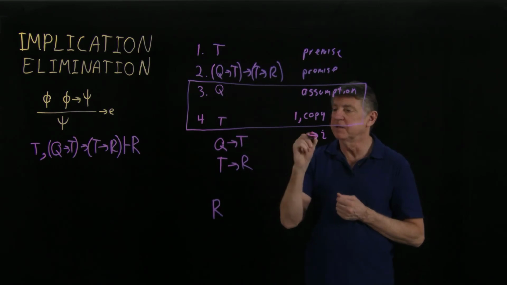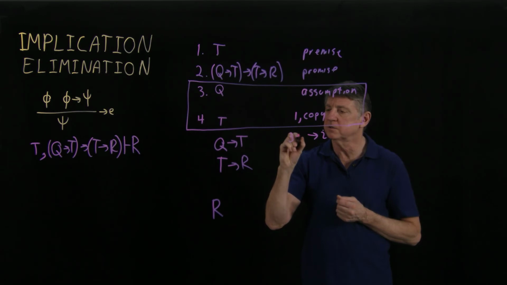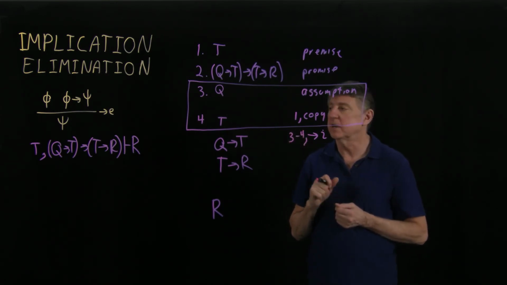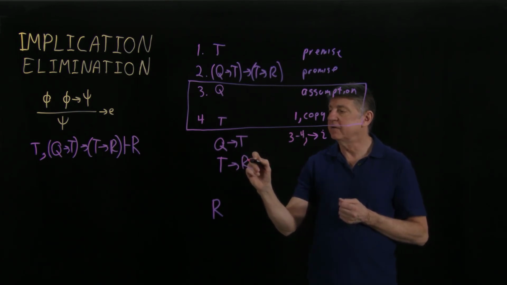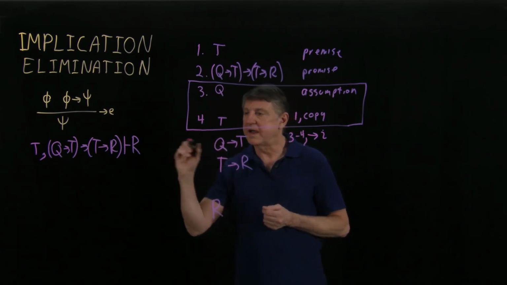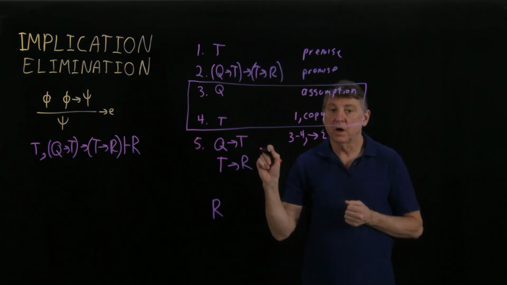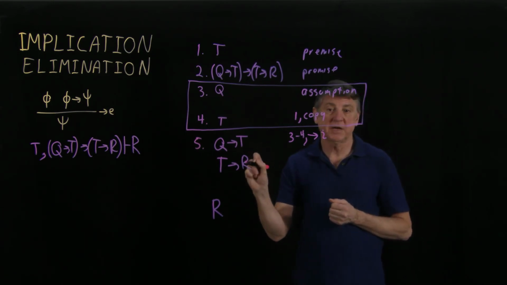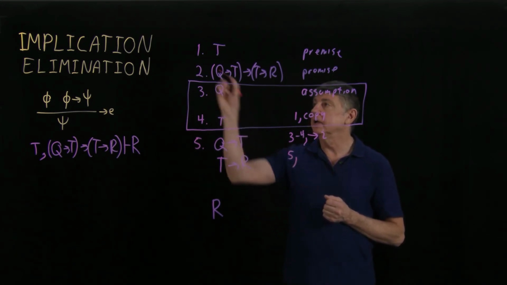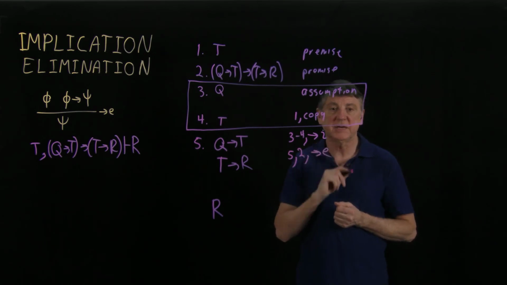That means that I can fill in the justification, so that is using a box of lines 3 through 4 on implication introduction, and then I can now conclude this, and I have this, so it now has a line number. And now I can say, how did I get T implies R? Well, I got it by applying line 5 and line 2, and that was implication elimination.